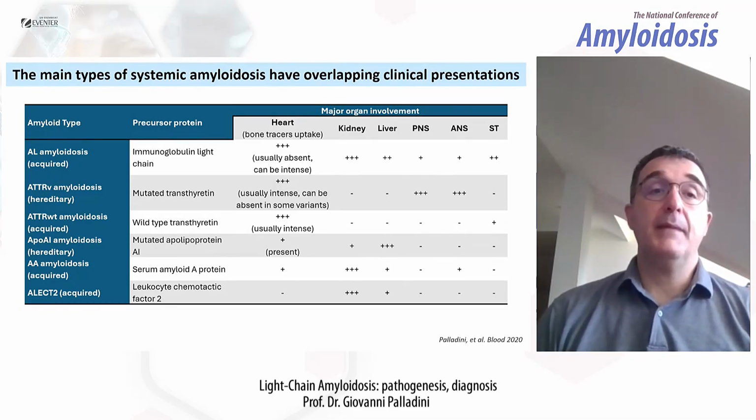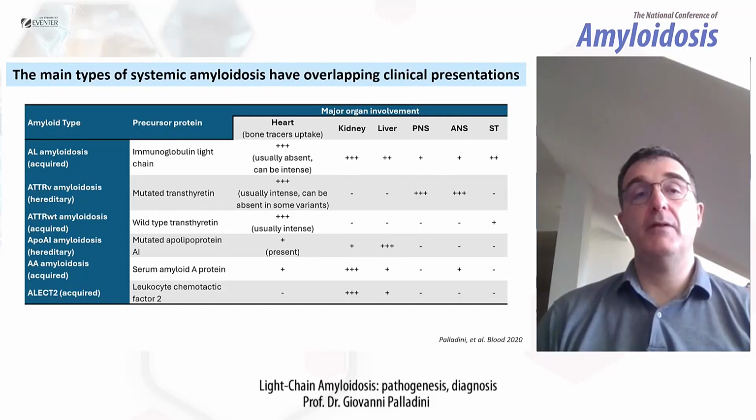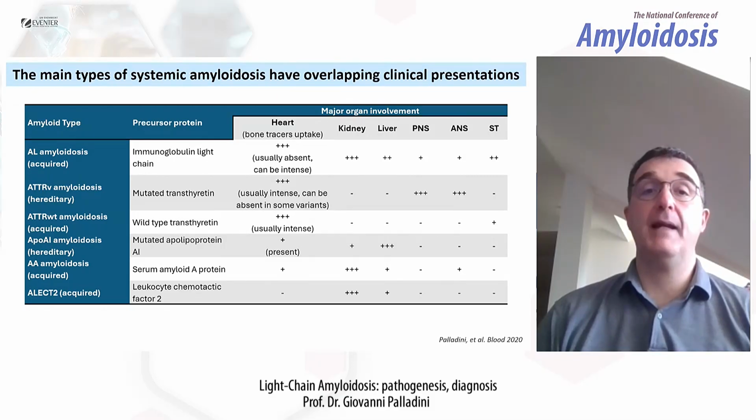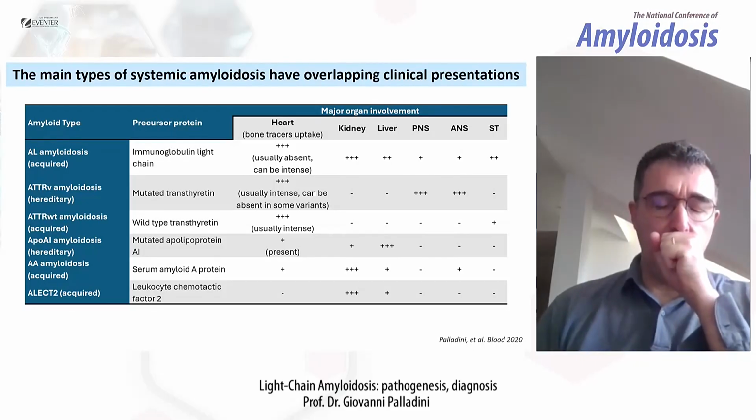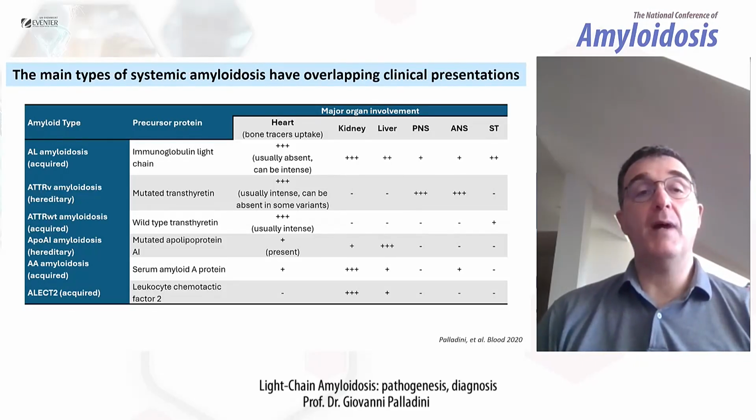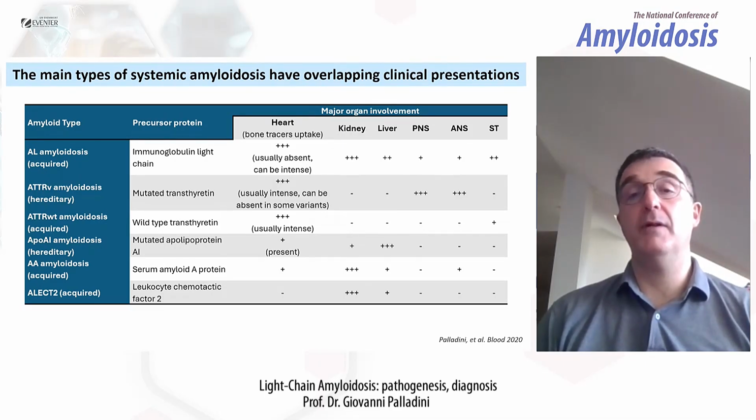So we have light chain amyloidosis that, as you very well know, is caused by a small clone producing immunoglobulin light chain that can deposit in tissues. We have amyloidosis caused by transthyretin. This can be hereditary when you have mutations that increase the amyloid propensity of transthyretin, but this can also be caused by the wild type protein in the ATTR wild type amyloidosis, because this protein has an intrinsic propensity to form amyloid in tissues.